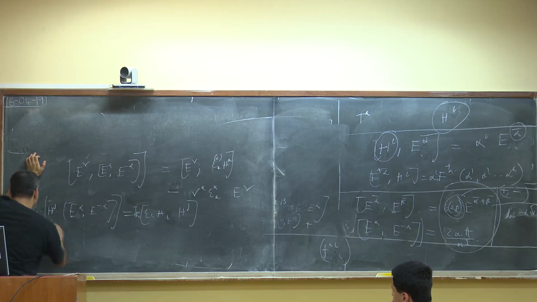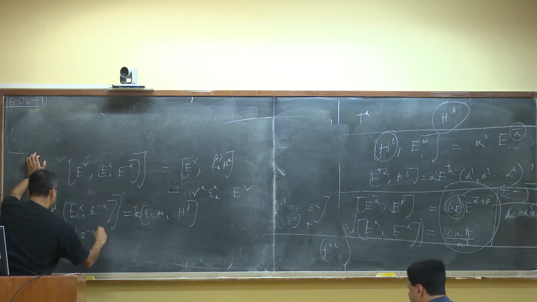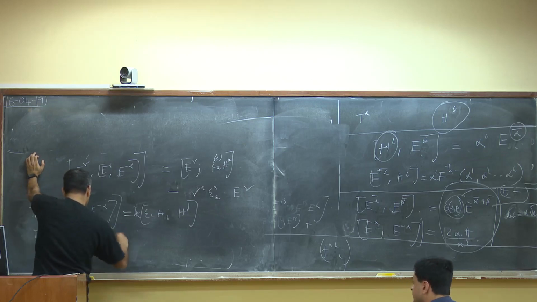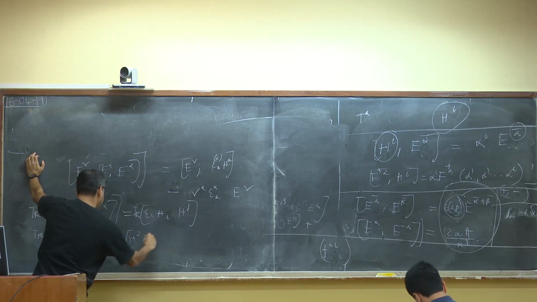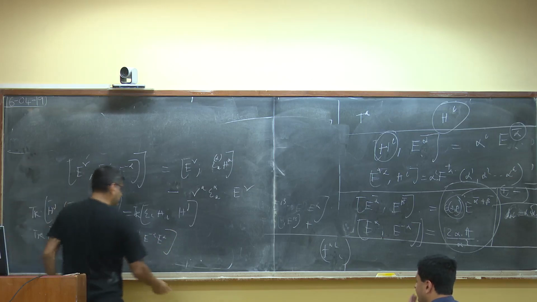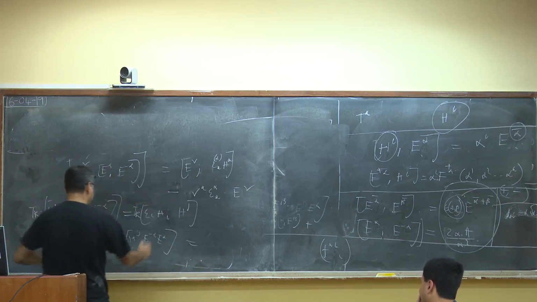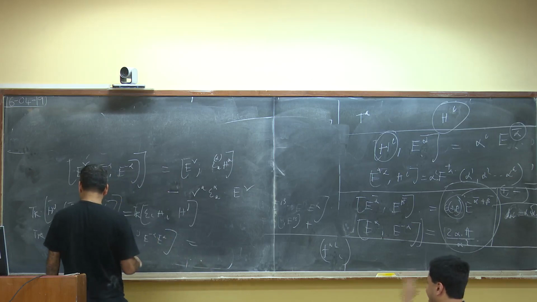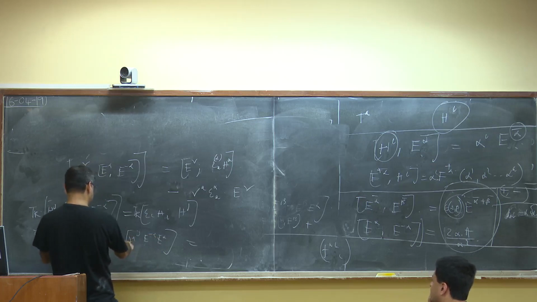So this is trace of H^j E^α E^-α minus trace H^j E^-α E^α. Okay, and then I use cyclicity, and then rewrite it as some commutator of H^j and E^α. So then I can make it the commutator of E^α and H^j.